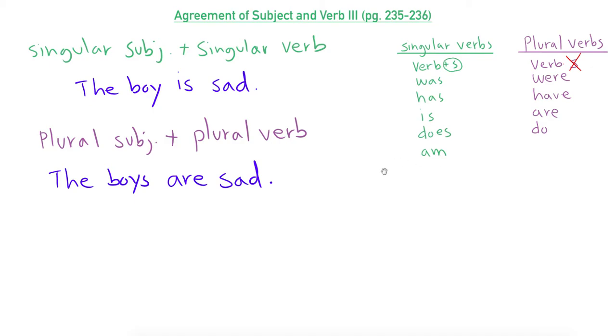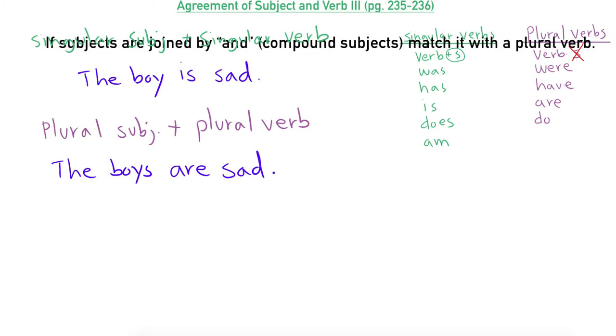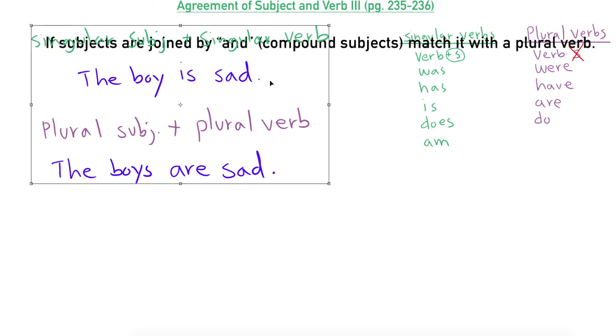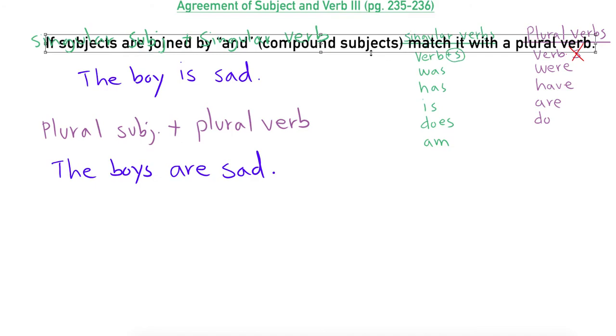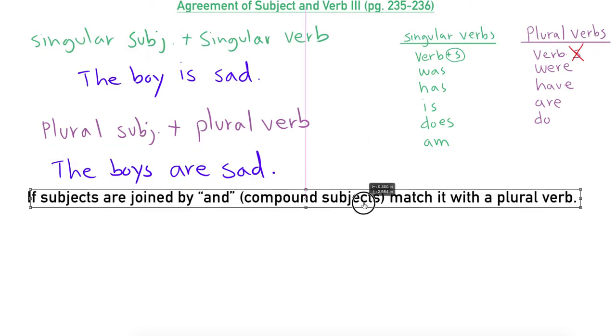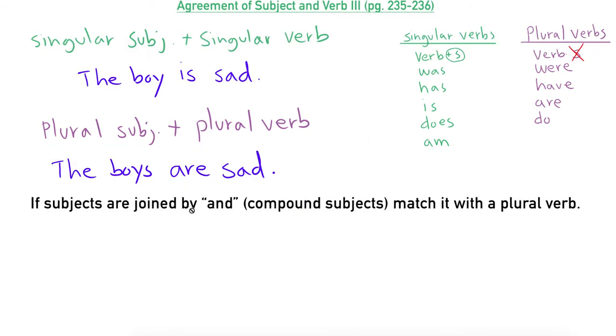Here's a new thing I need to teach you today. If subjects are joined by and, meaning they're compound subjects, you have to match them with a plural verb. If you don't remember what compound subjects are, I taught it a while back. You can look at page 269 on the back of your language books. A compound subject is just subjects connected by and.